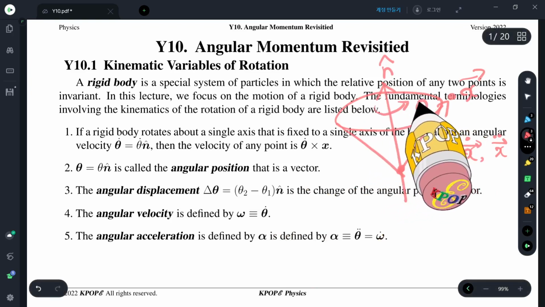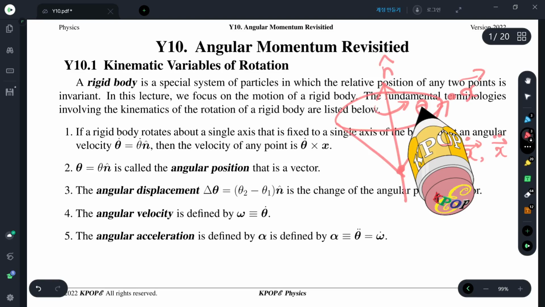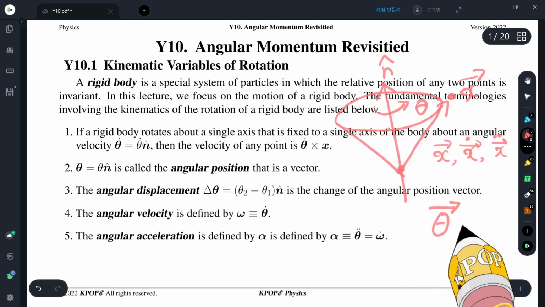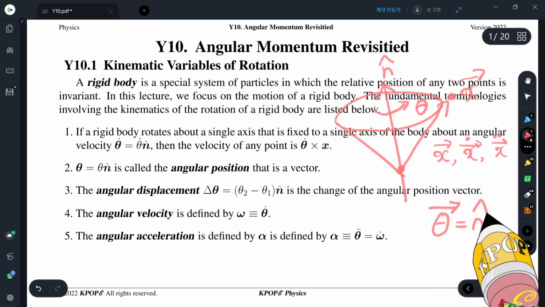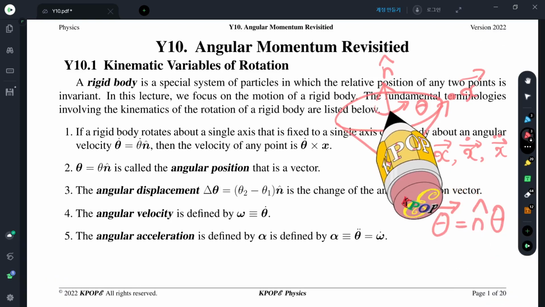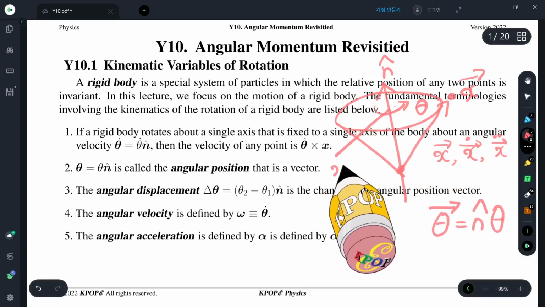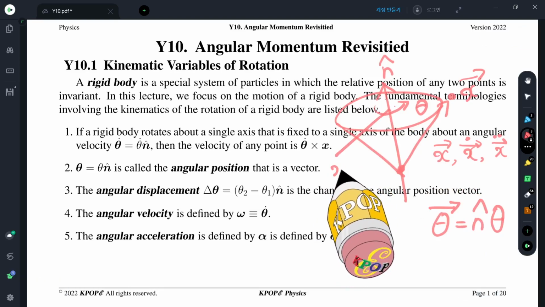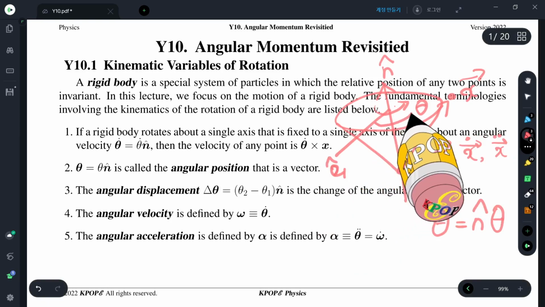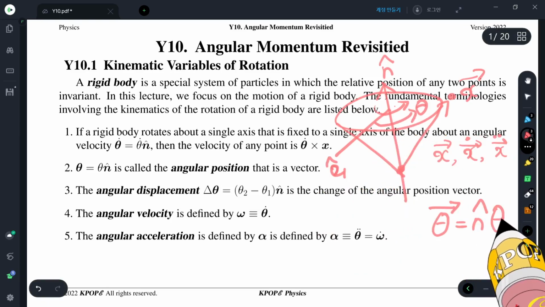The angle theta is introduced, and we have a theta vector along the axis of rotation, and azimuthal angle measured from a certain direction, x-axis, E1 hat, something like that. From this axis, azimuthal angle is measured as theta.